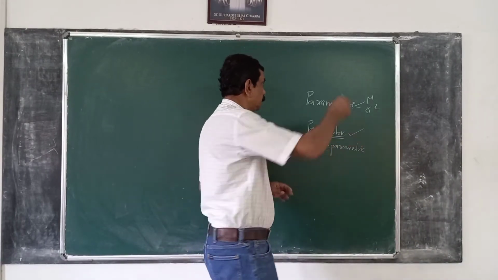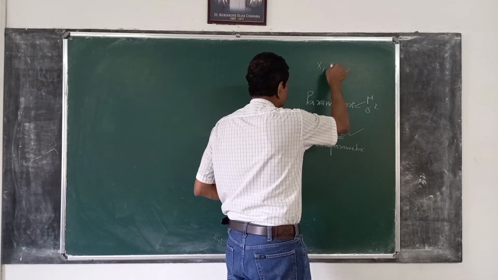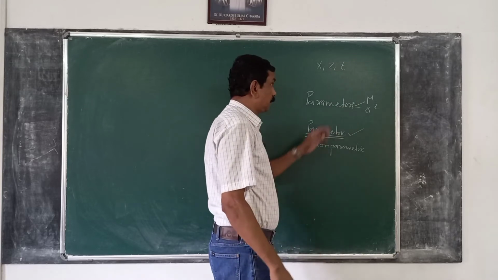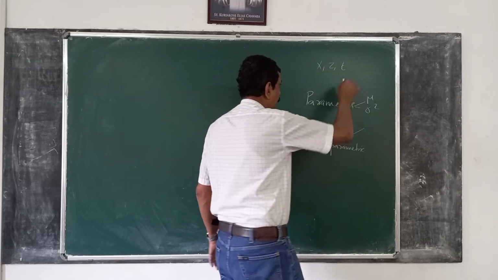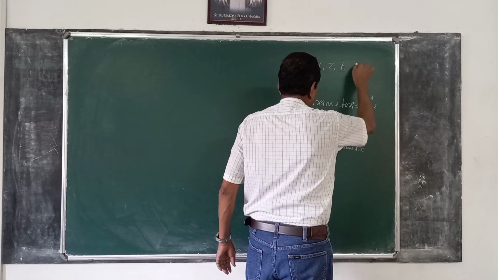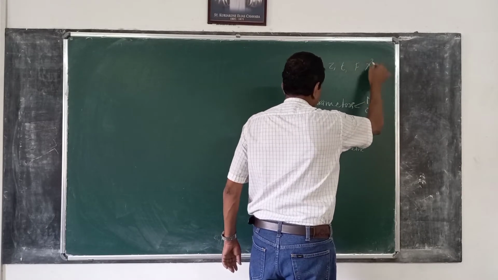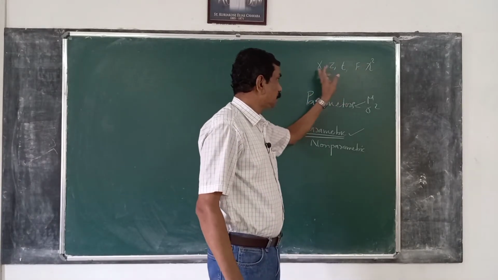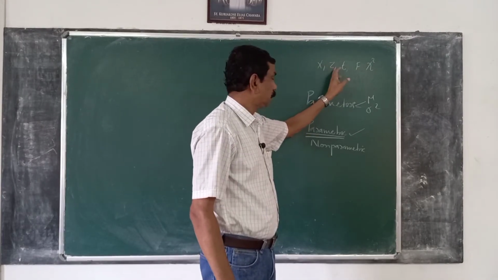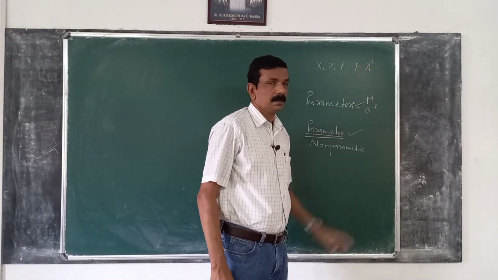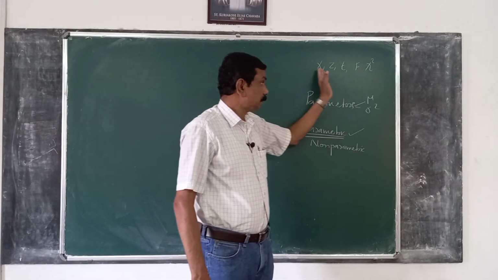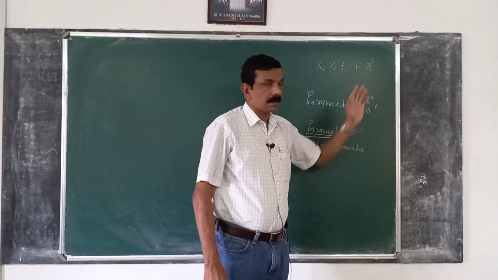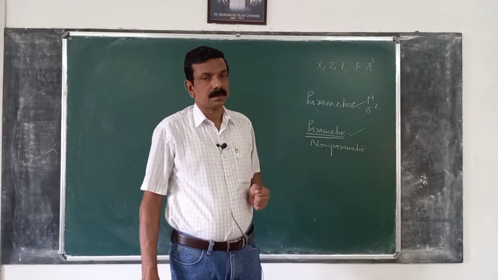So, if x is normal, z is standard normal, t is studentized version of x, then we will see later f, chi-square, etc. These are all derived from the normal distribution. So, inferential procedures based on z, t, f, chi-square, etc. are parametric procedures.